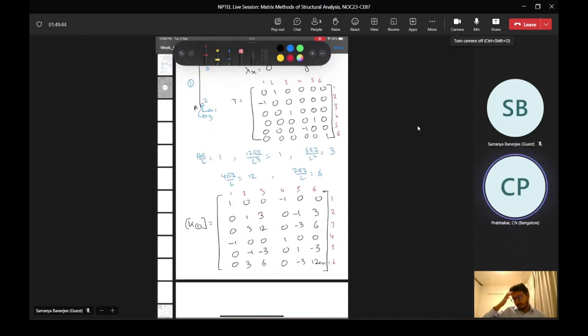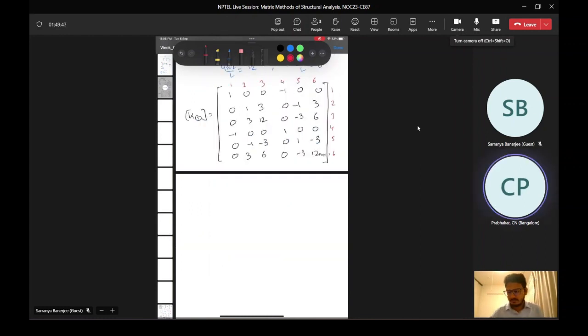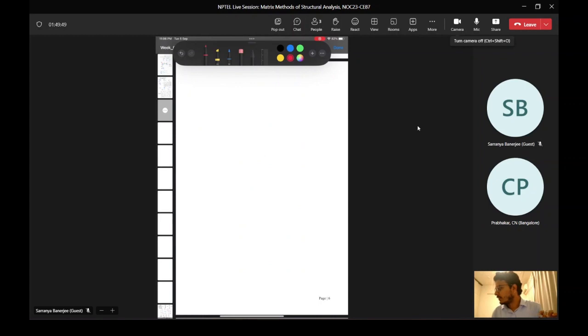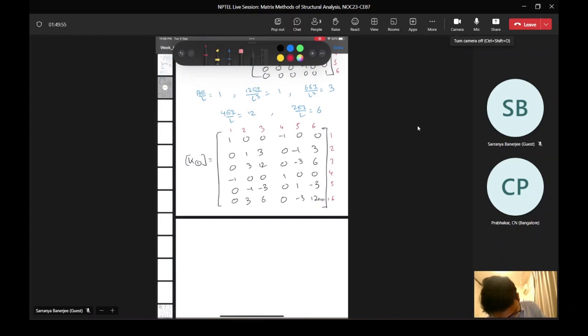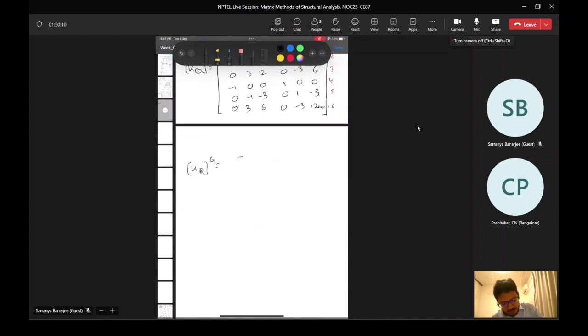Is it okay? Yeah, it's clear. It's straightforward. Okay. So now this stiffness matrix was at the local level. So now let's take the global stiffness matrix. Global stiffness matrix would be transformation transpose into the local stiffness matrix into the transformation matrix. And this one I will directly write the answer.